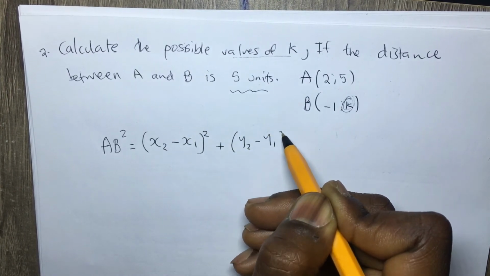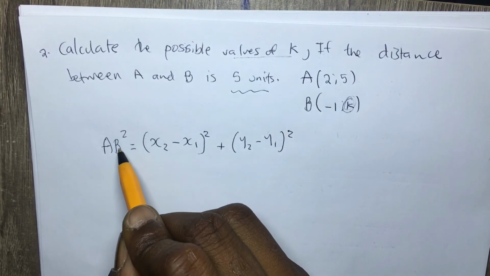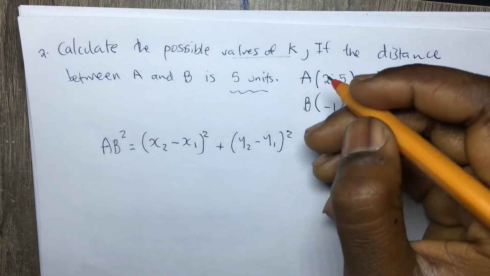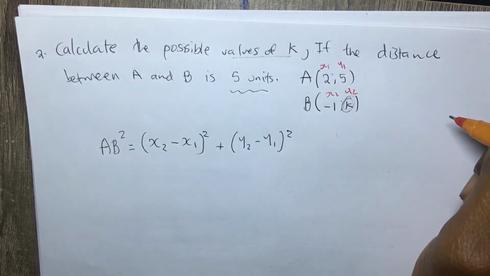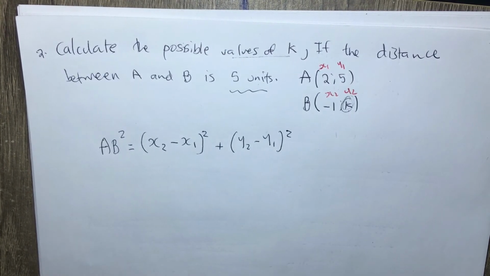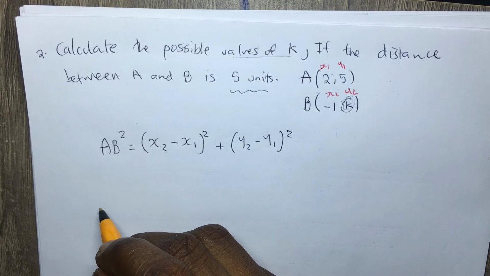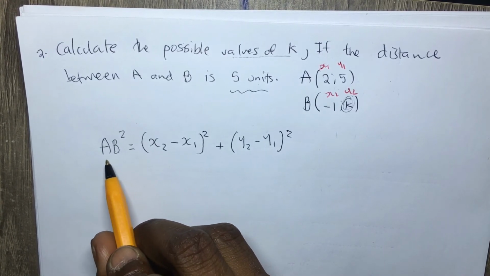This one, it's not different. Squaring, I get rid of the square root by squaring both sides, so AB squared. Then I go ahead and choose which one is x1, y1, x2, y2. So AB, are we looking for AB in this case?